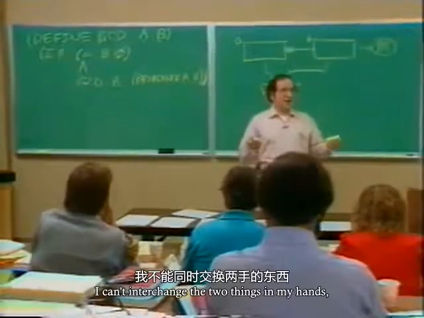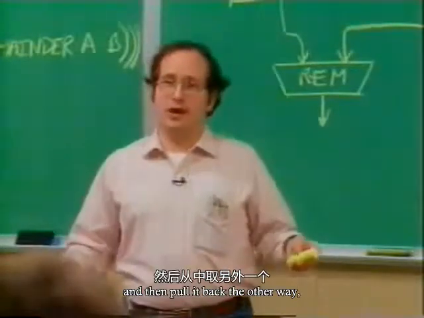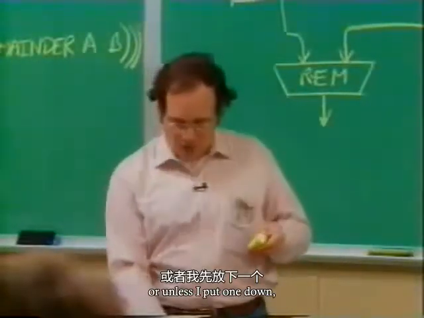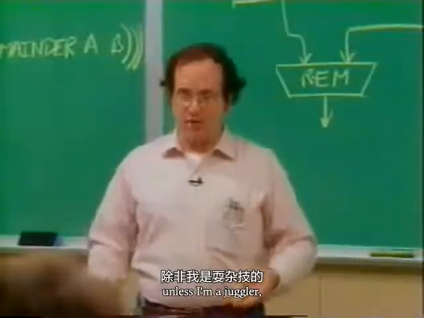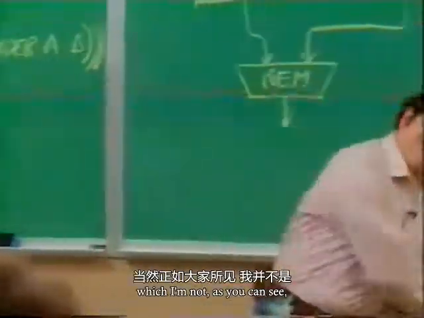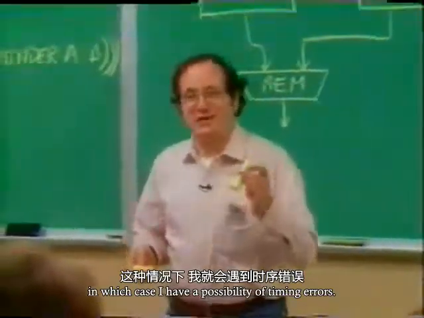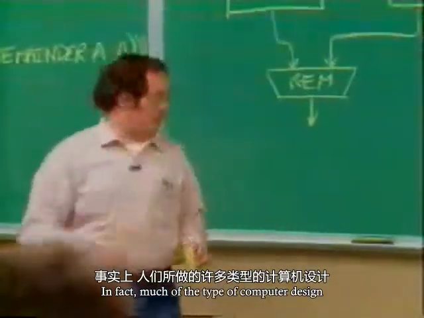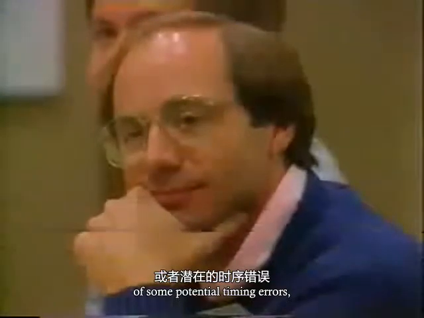I can't interchange the two things in my hands unless I either put two in one hand and then pull it back the other way, or unless I put one down, pick it up, and put the other one like that, unless I'm a juggler, which I'm not, in which case I have a possibility of timing errors. And in fact, much of the type of computer design people do involves potential timing errors, which I don't much like.